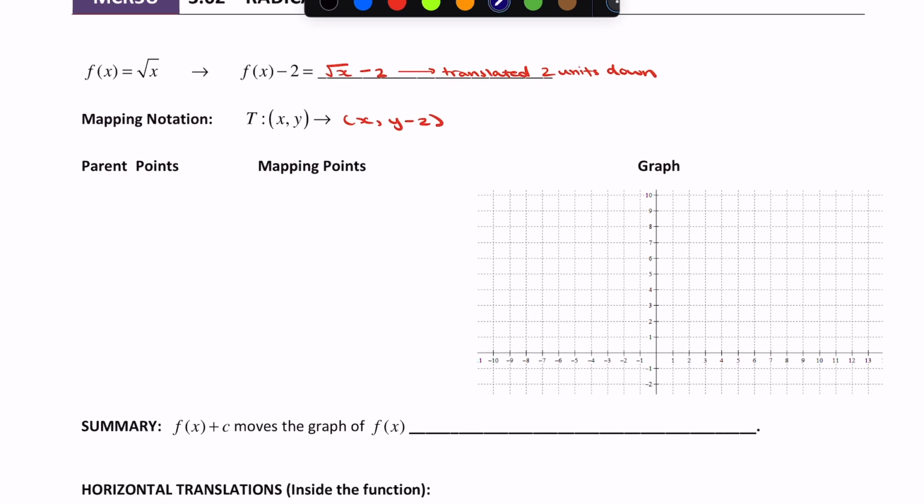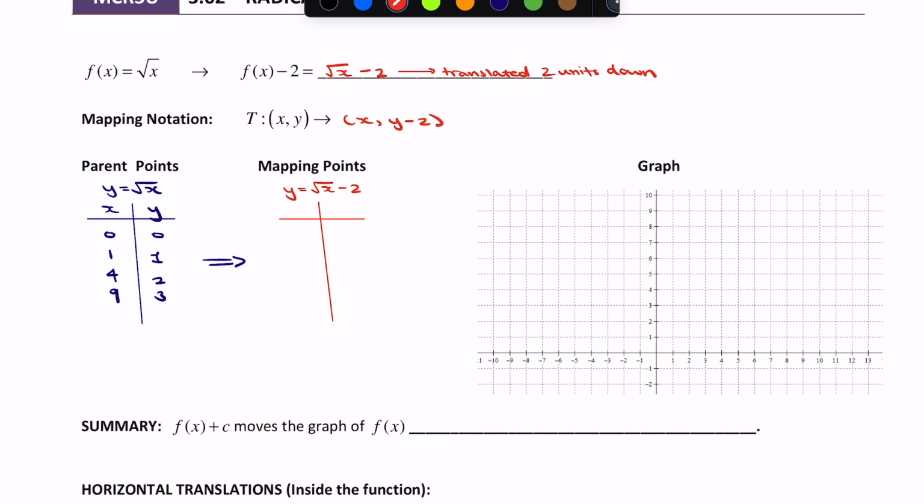And here our parent function, y is equal to square root x. And we'll put a table of values for that. So here we have x, y, with 0, 1, 4, and 9 for x values. And for our y values, we have 0, 1, 2, and 3. And then our transformed function will be y is equal to square root x minus 2.